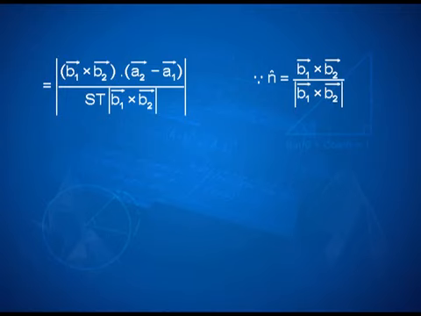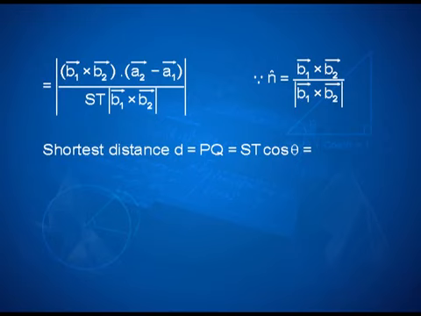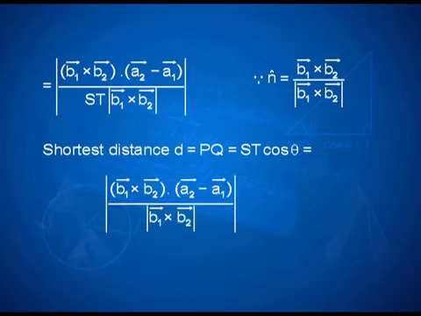So, if I replace that here, I know how much cos theta is. Therefore, the shortest distance, which was given the symbol d, is PQ, defined as the projection ST cos theta. So, if you multiply the above quantity with ST, you get the absolute value of B1 cross B2 dot A2 minus A1 upon the magnitude of B1 cross B2.